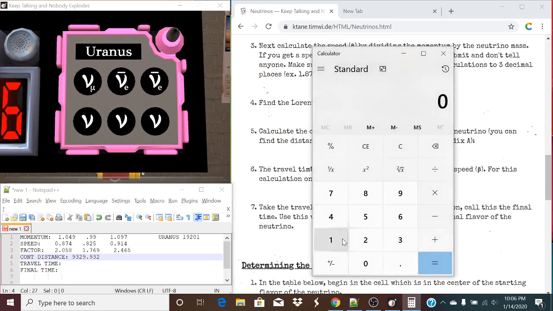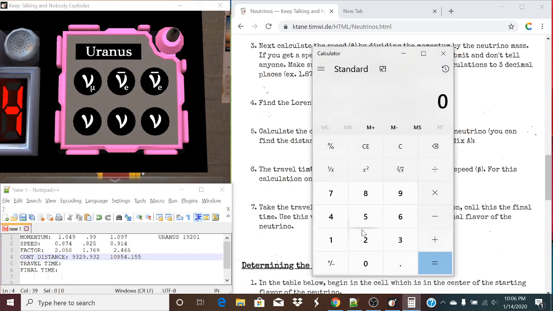Next up, 19,201 divided by 1.769 gives us 10,854.155.